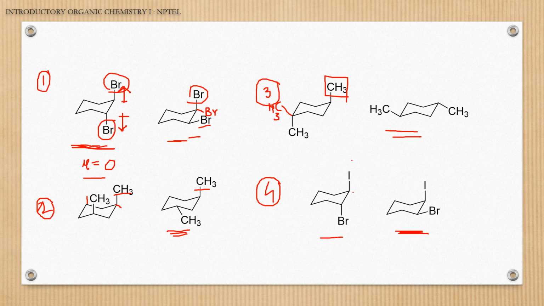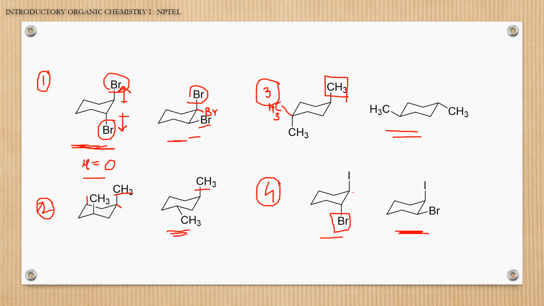Yes, ma'am. Yeah. So here what comes into picture is the atomic radius. If you have a particular substituent which can have an axial position freely, you will have that conformation as the more stable conformation. See, what you need to know is we want the substituent to be at equatorial position anyhow.